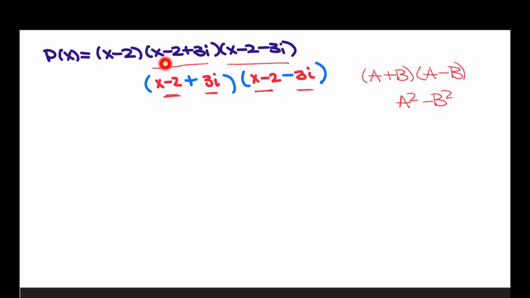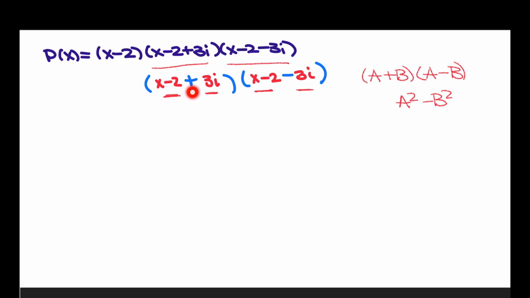I noticed that the first parentheses I'm looking at is x minus 2 plus 3i. And the second set of parentheses is x minus 2 minus 3i. I have something of the form a plus b times a minus b, where a is the x minus 2 and b would be the 3i.